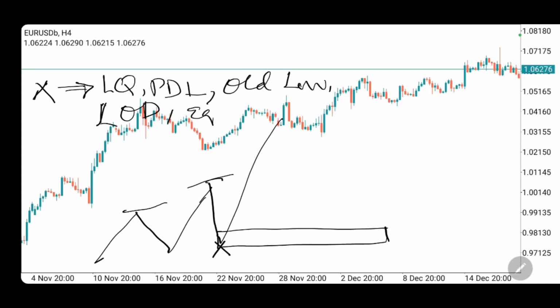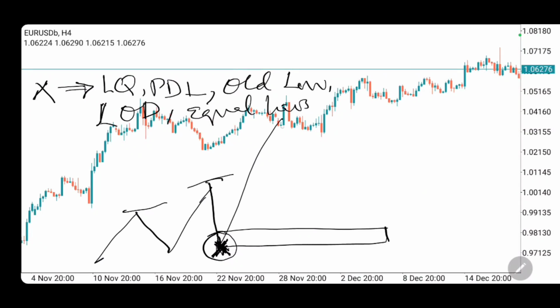It could also be your equal lows. This is a low created in the previous day or in the current day. This X here is the lowest low created in the current day, or it could be equal lows or triple lows or whatever.